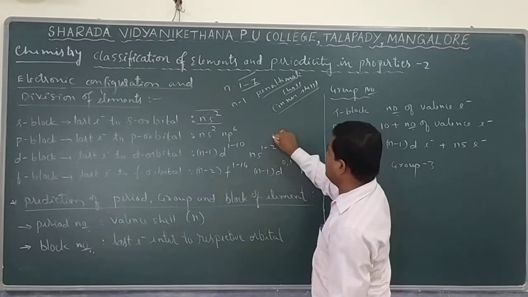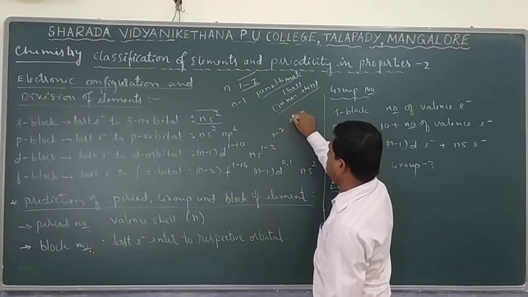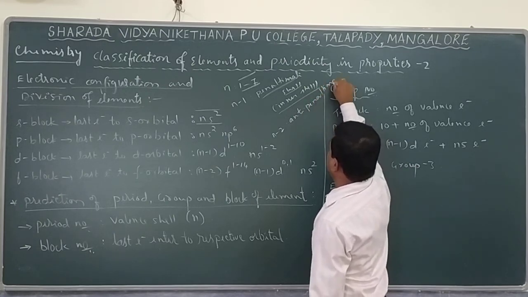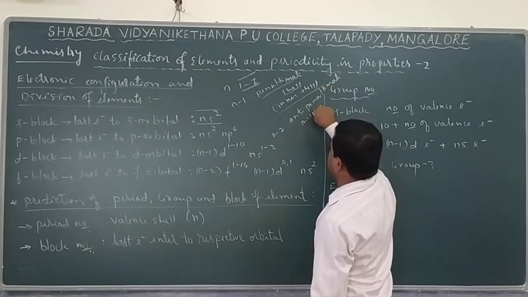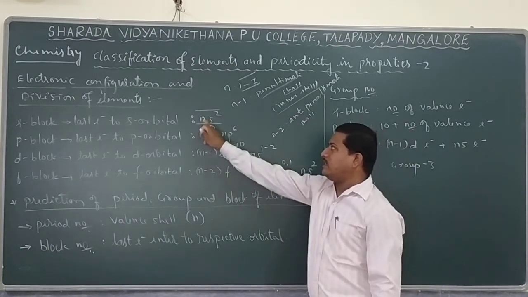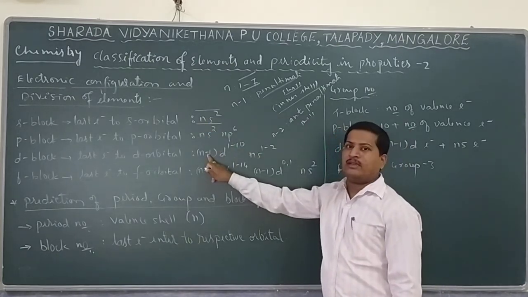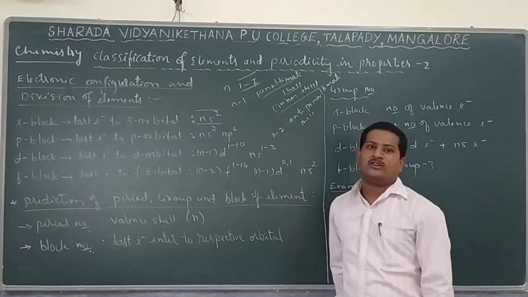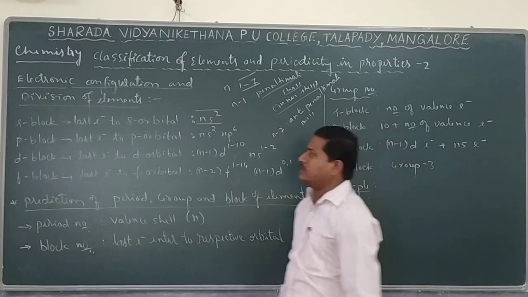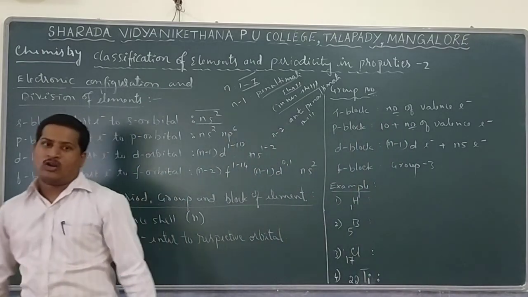In this case, n minus 2 is nothing but the anti-penultimate shell, or the second inner shell. So n is the valence shell, n minus 1 is the penultimate shell, and n minus 2 is called the anti-penultimate shell. These are the general electronic configurations for these 4 blocks.